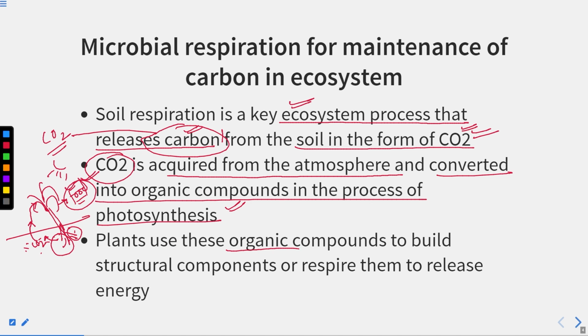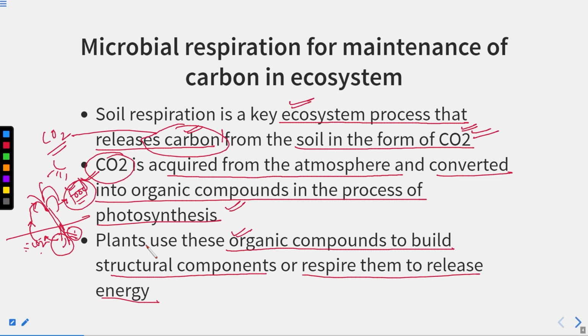So the plant uses these organic compounds to build structural components or respire them to release energy. What are those organic compounds? The organic compounds that are synthesized by them, that is the food material, right?